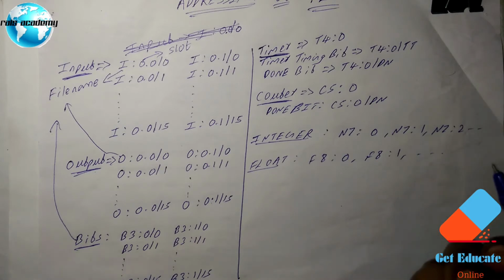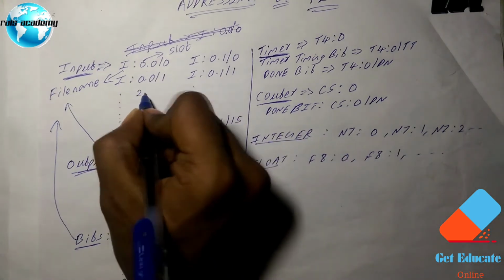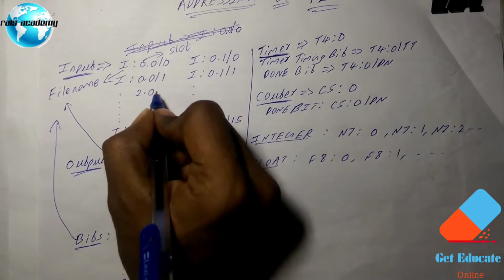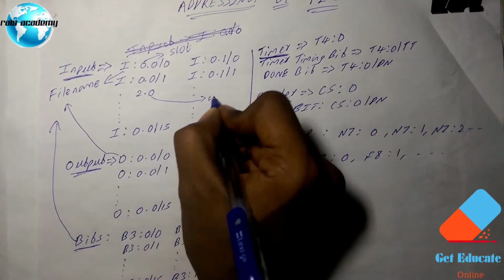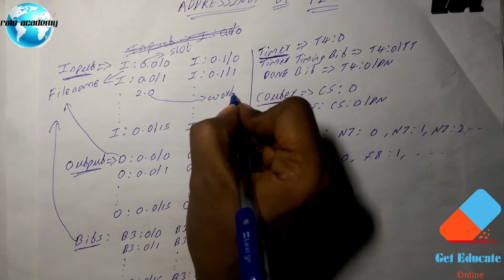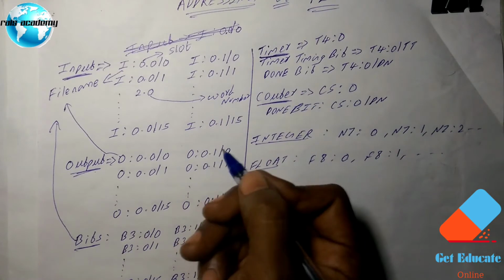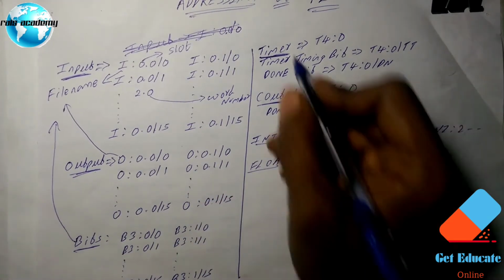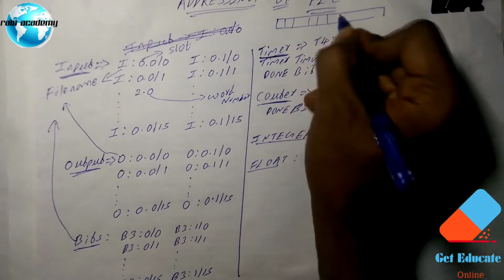So if we want to access the second input card, we write 2 here, and this second one is the word number. This is the format of memory in a PLC.